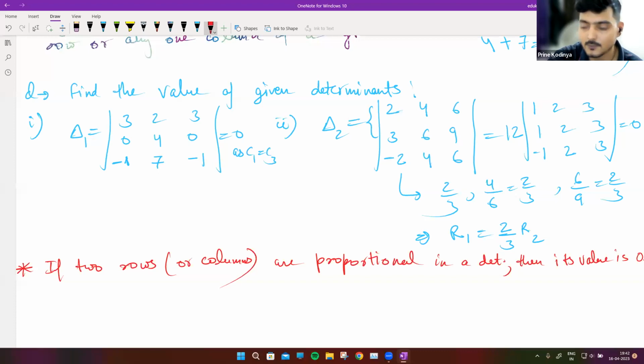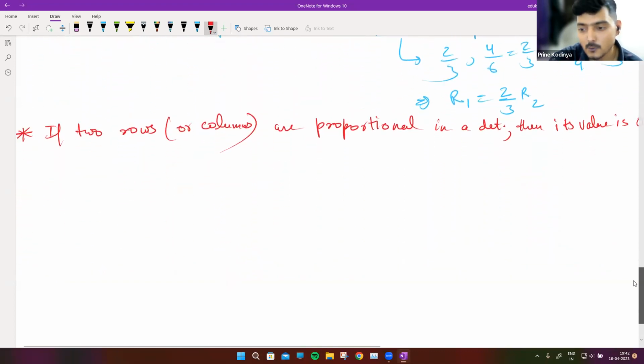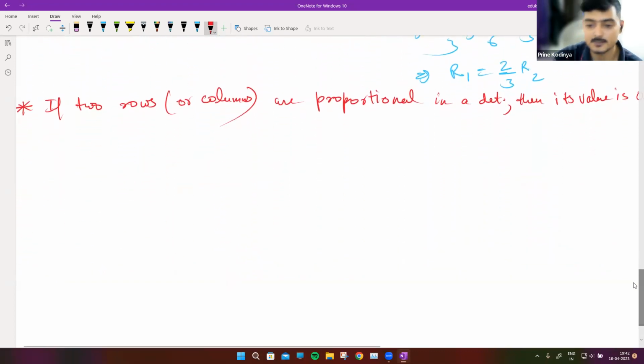Now the fifth rule. The fifth rule is how to add two determinants. Rather than writing it all out, I would like to show you how we can add two determinants or subtract two determinants. Both work exactly the same.